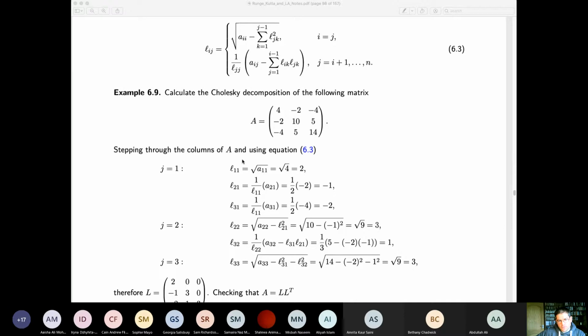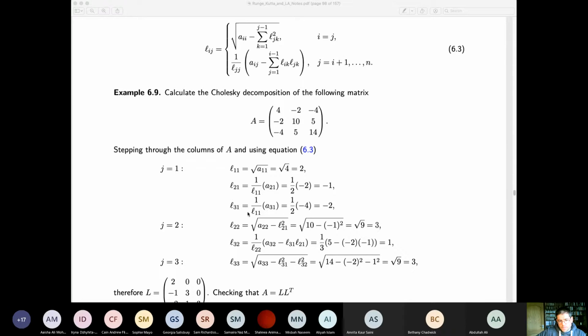So it's just the root of A11, which is root 4 equals 2. Now for L21, we use 1 over Ljj, so that'll be 1 over L11, and again this summation doesn't exist yet. So that gives us -1. And similarly for L31, 1 over L11 multiplied by A31. That's the first column done.